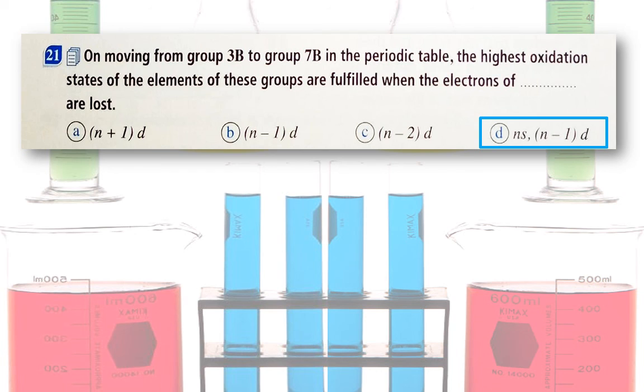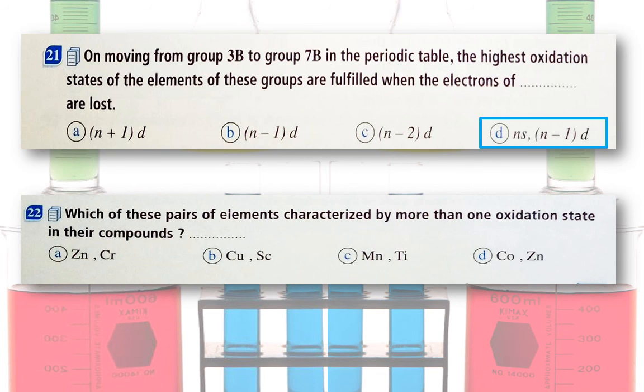So the electrons lost from the s orbital and from the d orbital give a high oxidation number, so ns and (n minus 1)d, which means if we have 4s, the d orbital will be 3d, or n minus 1.